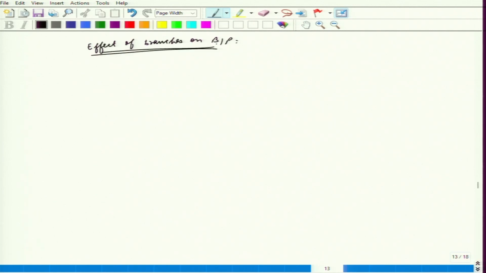I have discussed this in isomerism. For example, one is CH3, CH2, CH2, CH3. This is butane. The other one is CH3, CH, CH3, CH3. It is 2-methyl. I have told the naming of all this.